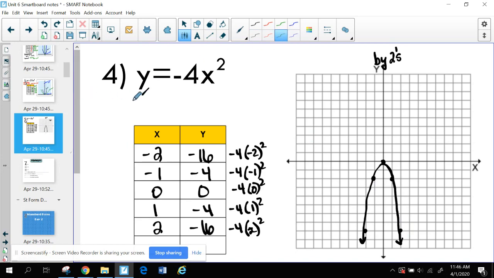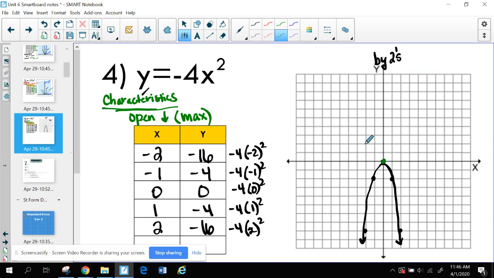Okay, if we want to talk about some of these characteristics, now we change this up a little bit. Now that we're saying this parabola is going to open down, if it opens down, that means this vertex up here is actually a max. And now we're going to talk about a couple things.